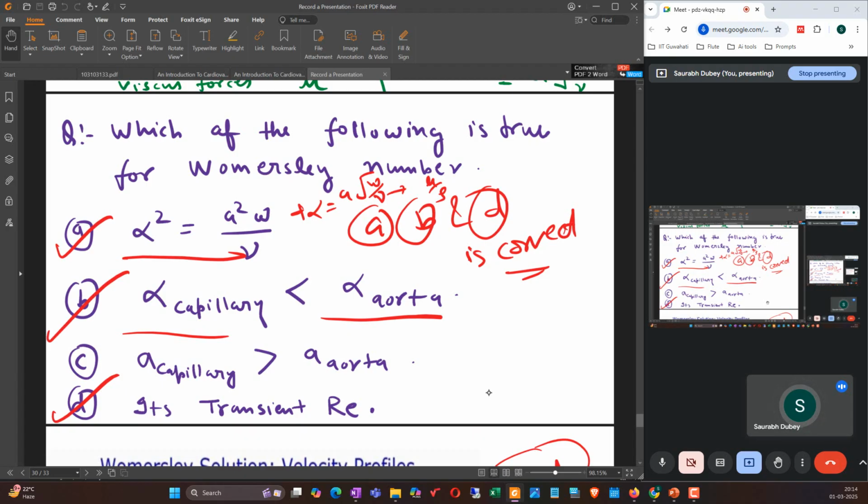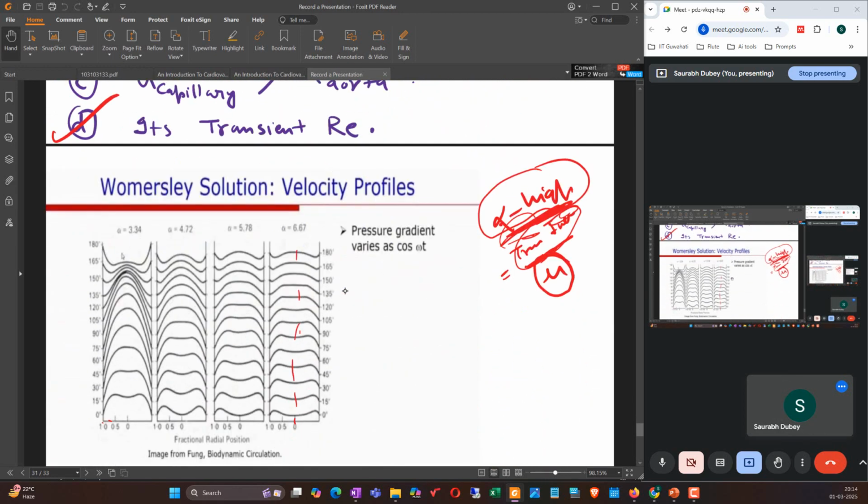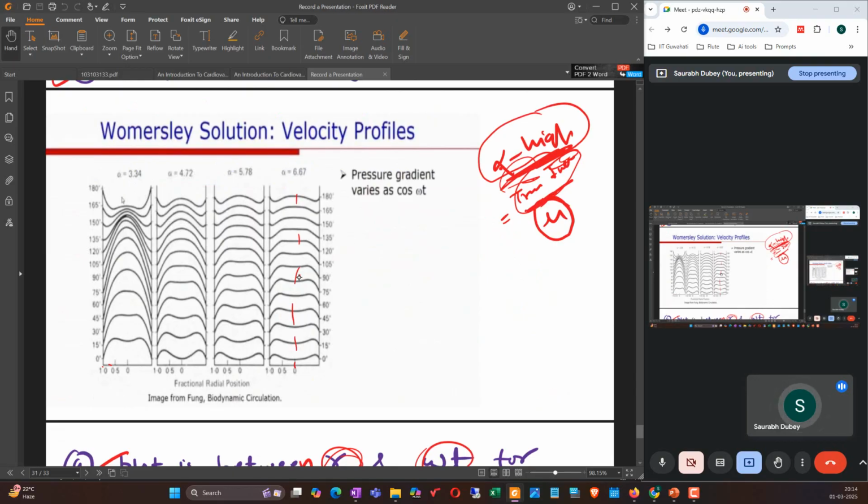So the definition of the Womersley number, and then how the Womersley number value is different for the capillary and the aorta, its transient Re, and how this velocity profile using the Womersley solution for different Womersley numbers starting from 3.34, 4.72, 5.782, 6.67, right? With the fractional radius position.